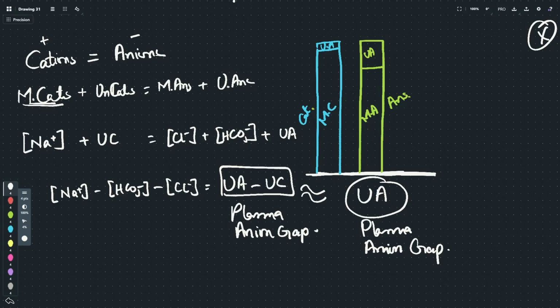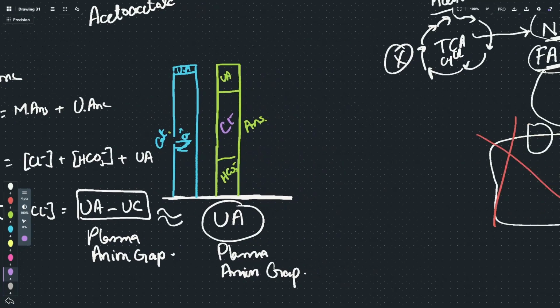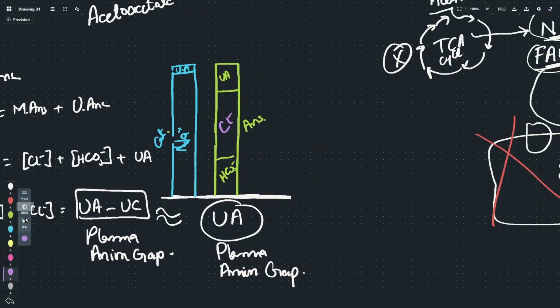Okay, let's first write it like this: sodium, bicarbonate, and chloride. Now the interesting part: how does it help us?